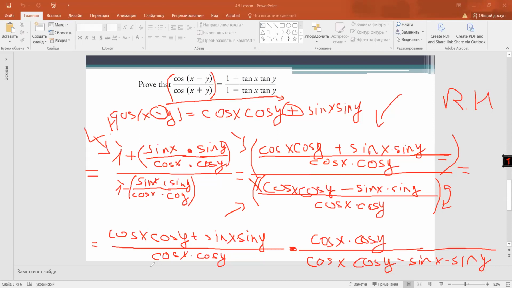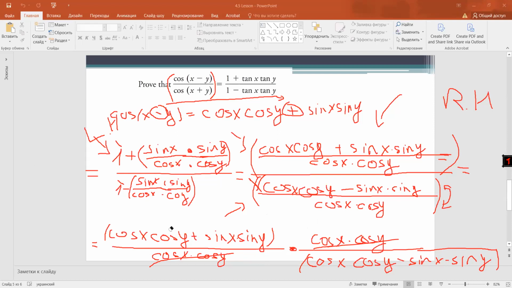And now, by multiplying, we can cross out these two terms because they're equal and one is located in the numerator and the other in the denominator. And left behind is what is in the brackets, right?